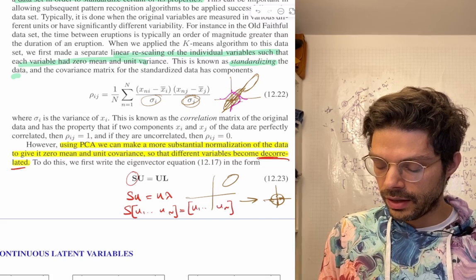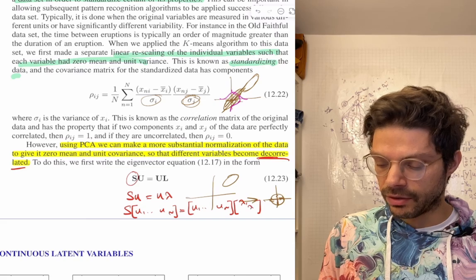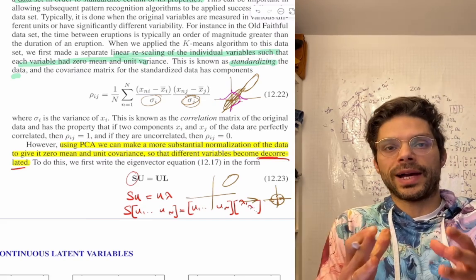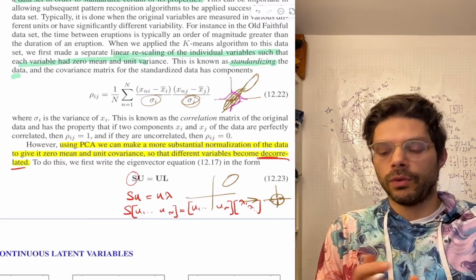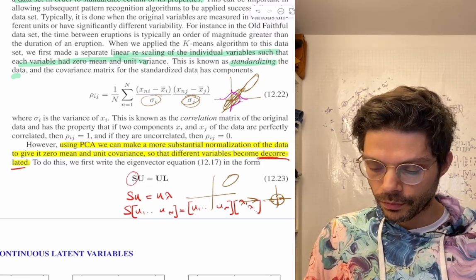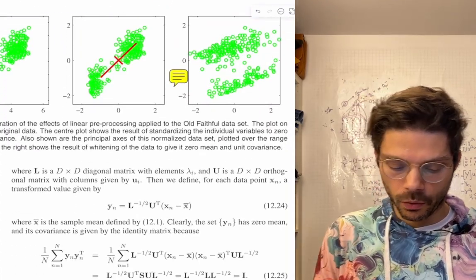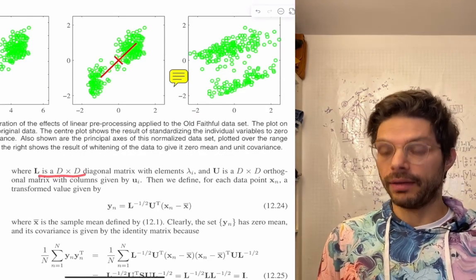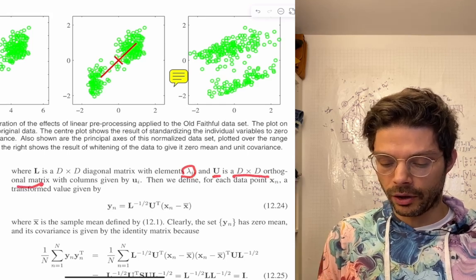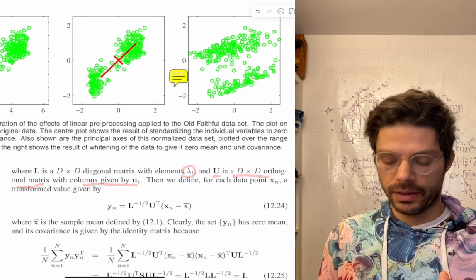These are the vectors, and now we have this diagonal matrix of eigenvalues. We have n different equations, which you can pack into one matrix equation, where L is a d by d diagonal matrix with elements lambda i, and U is a d by d orthogonal matrix with columns given by the eigenvectors.